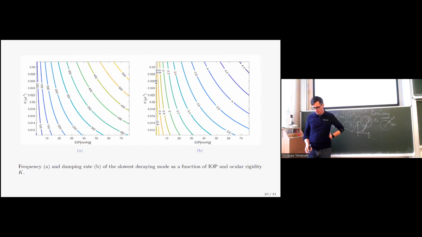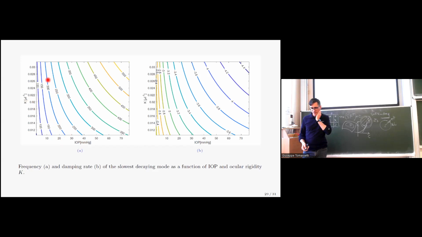And also here, we wanted to do a sensitivity analysis of the resonant frequency. So for a given intraocular pressure and for a given K, we wanted to measure the values of constant frequency.